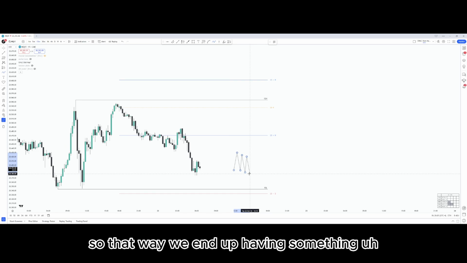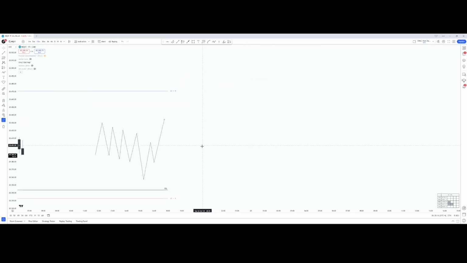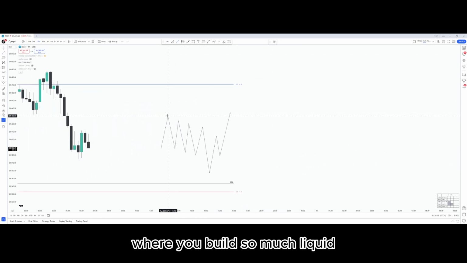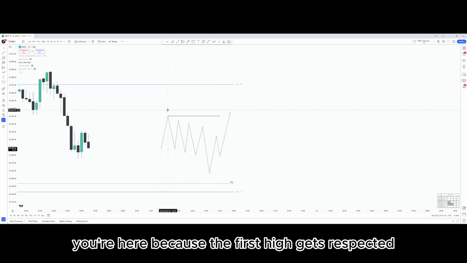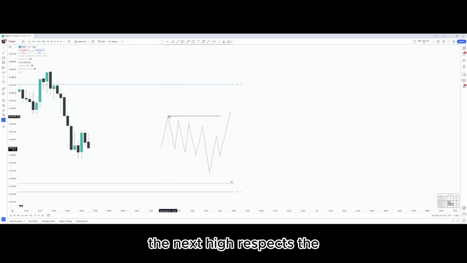So that way we end up having something like this, where we build so much liquidity over here because the first high gets respected, the next high respects the first high, and so on.